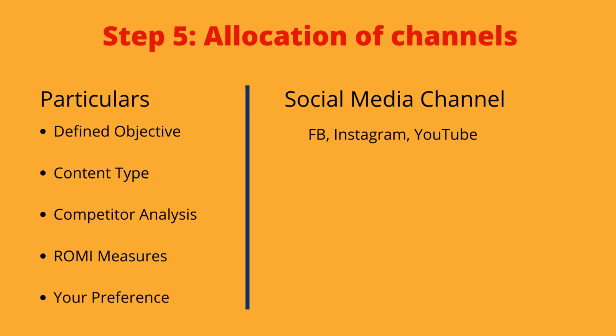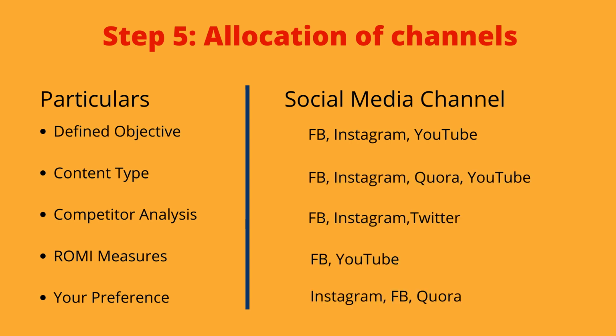Just mention the names of the platforms in front of the particular. Similarly, do it for content type, competitor analysis, ROMI, and in the end your preference, that even if your competitor is not there, you want to be there. That's your preference, so you can mention that. After allocating these channels, we can move to the next and final step, where we will find the most appropriate channel to start with.